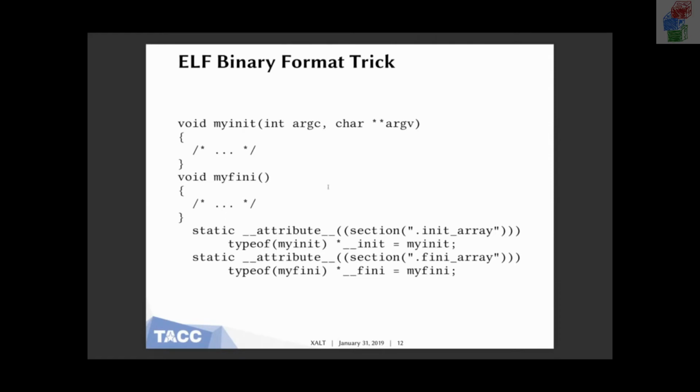Among the things you can do is define some functions and add a function to the init array or the fini array. Anything in the init array gets called before main, and anything in the fini array will run after main completes.